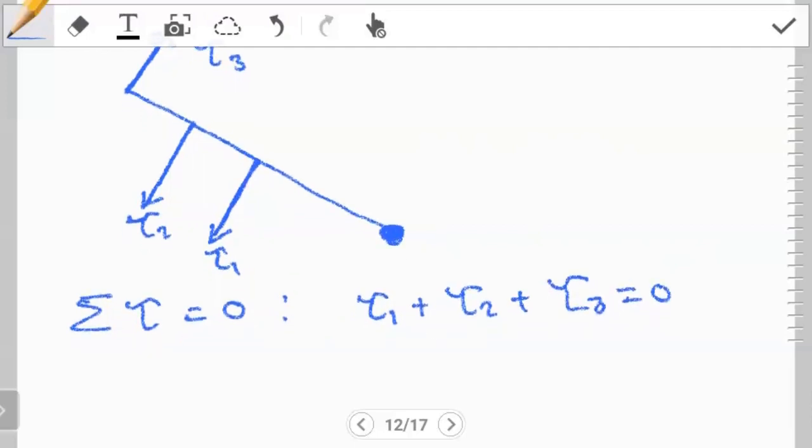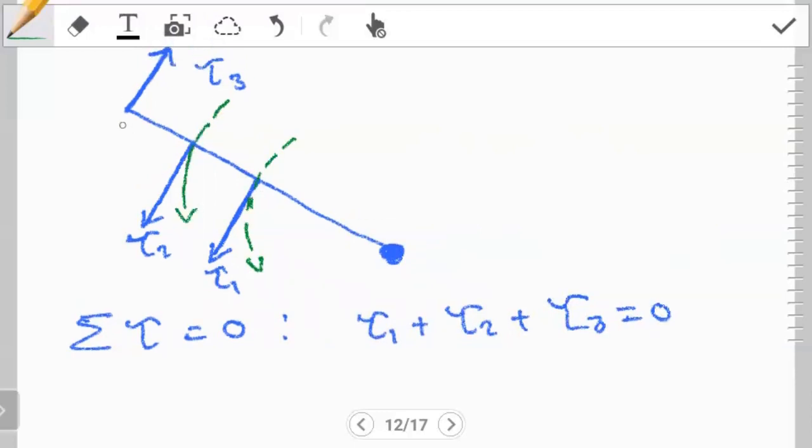Here we observe that these are going, let me use green for this, since this is our center, these are going anti-clockwise. Even this is pulling the ladder anti-clockwise. But this is the only one that is pulling it clockwise.